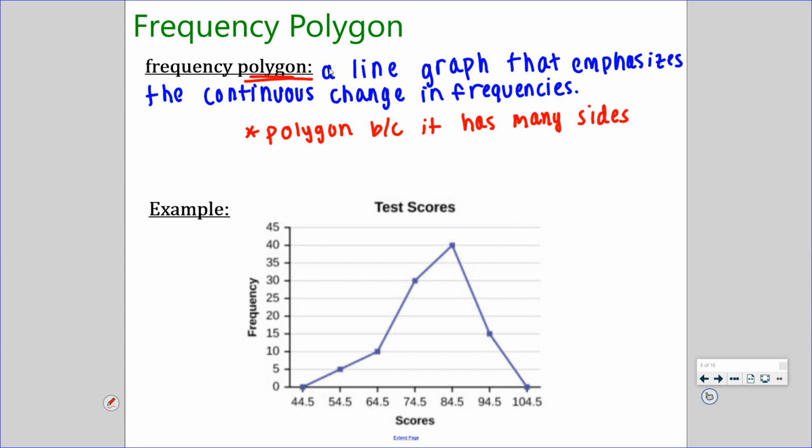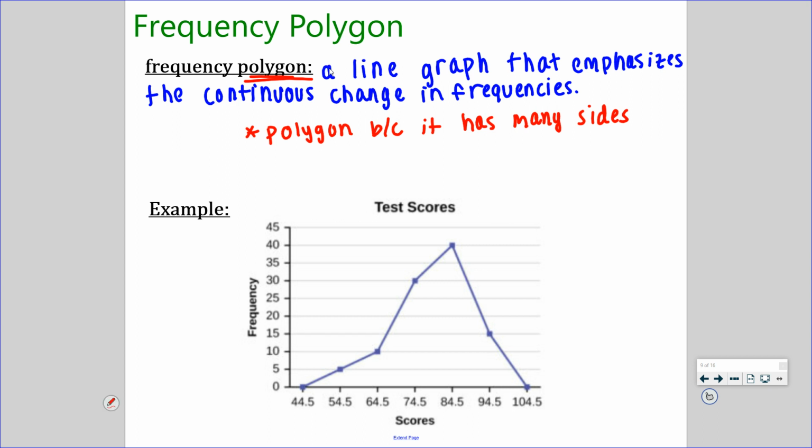Okay, so here's an example. You can see we're still plotting our frequencies, but instead of creating a histogram with bars, we're using a line graph, and it's shaped more like a polygon.